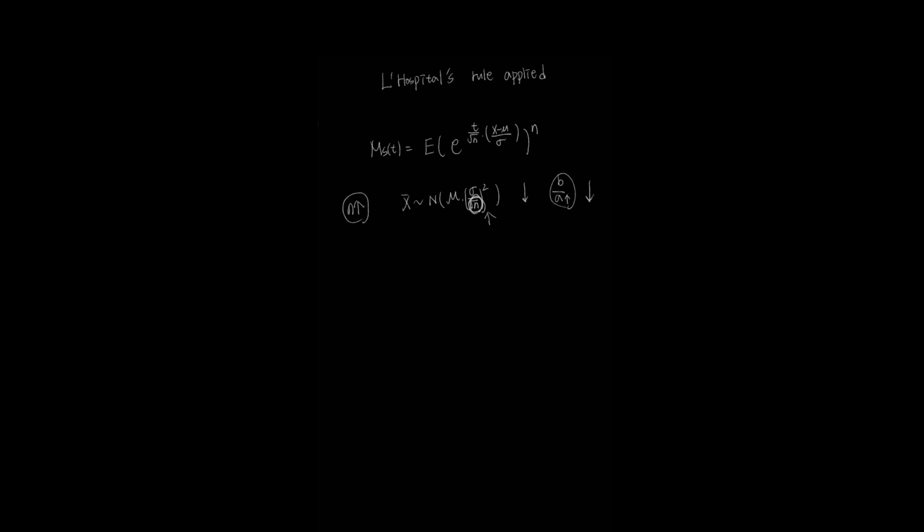Theoretically, the standard error goes to zero. Practically it doesn't go to zero, it just converges to a certain level, but theoretically it goes to zero because n is going to be very large.